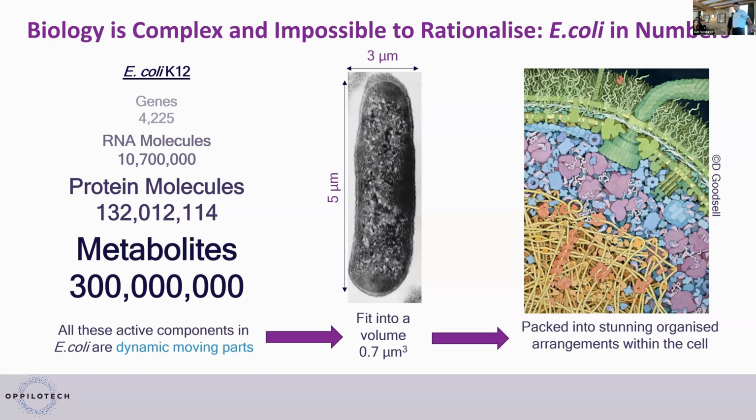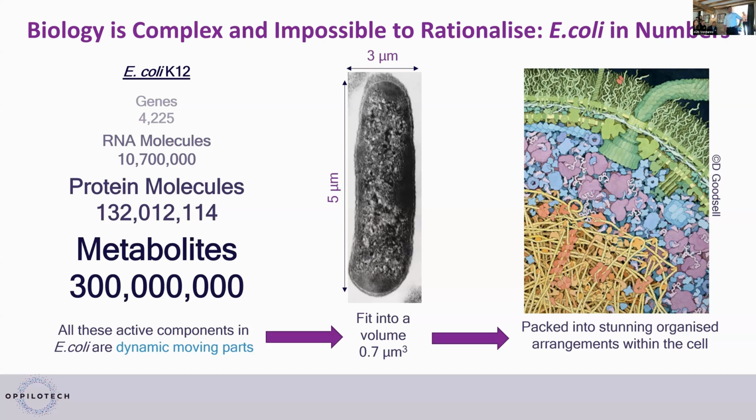It all fits in a volume of 0.7 micrometers cubed. As we know, it's not a bag of jelly, it's a highly organized, complex, and dynamic structure. What I'm trying to say with this slide is that even with something like E. coli, we're only touching the understanding of the biology of this organism. So we've got a lot to learn.